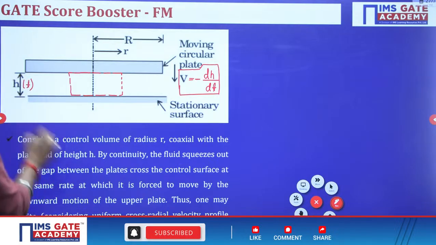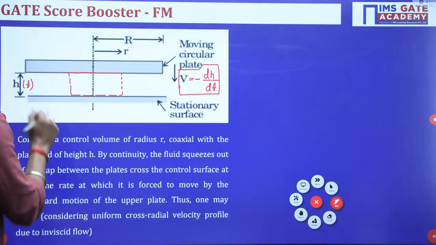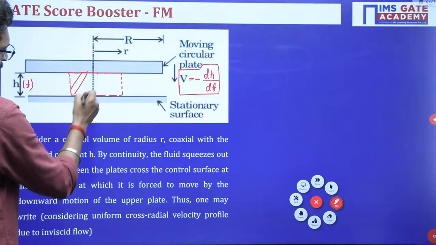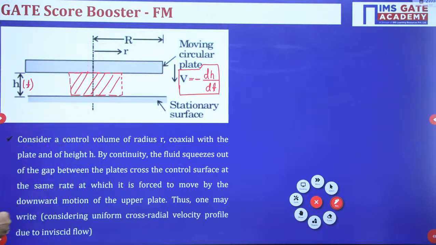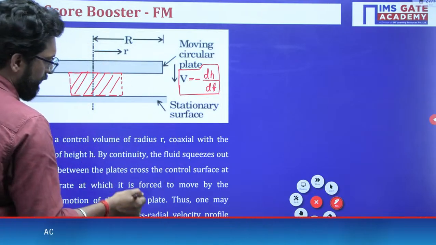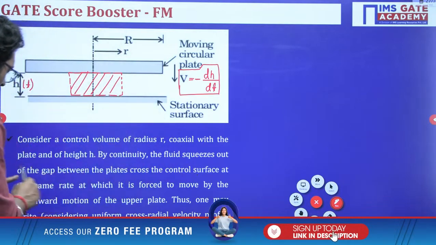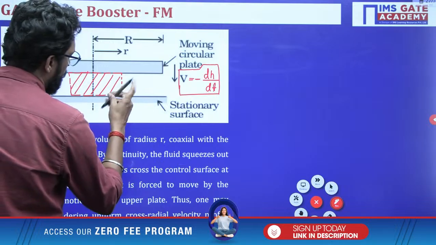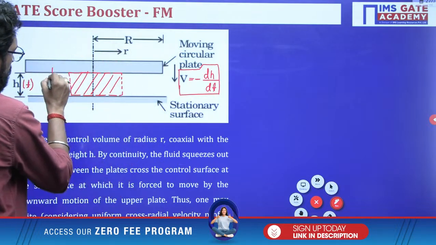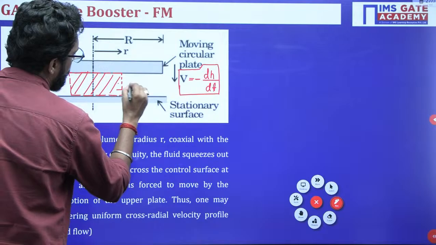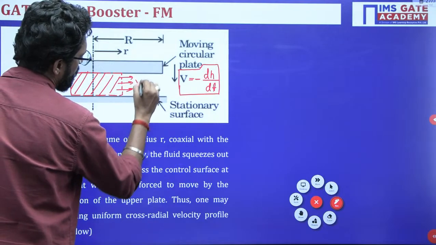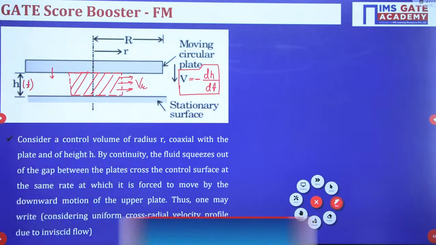Let's suppose this height is h. You are taking this control volume, my dear. By the continuity equation, the fluid squeezes out of the gap. If the plate moves down, this fluid will flow radially outward with the velocity of VR.